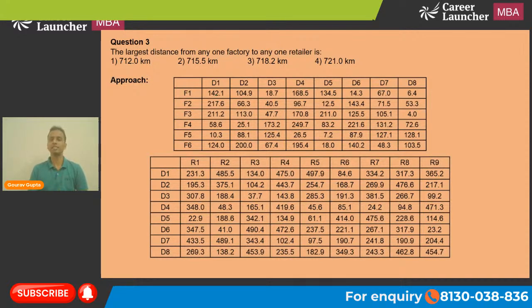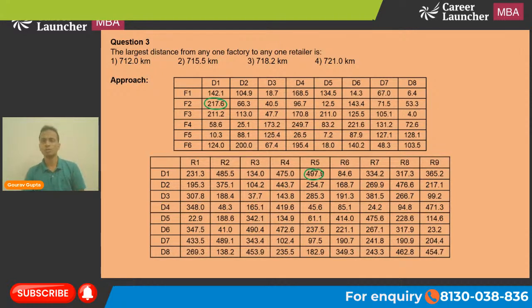Let's say I decide that my goods will be traveling through D1. So if the goods will be traveling through D1, the largest number corresponding to D1 is 217 in table number 1 and the largest number corresponding to D1 in table number 2 is 497.